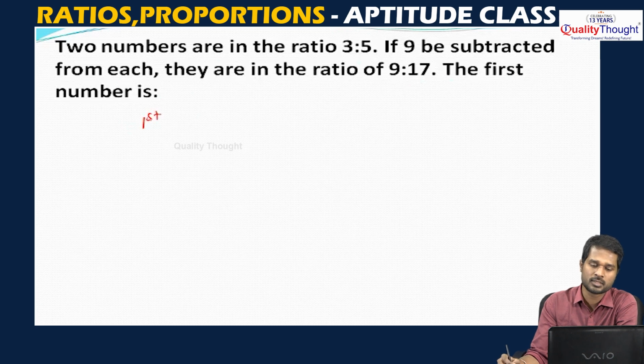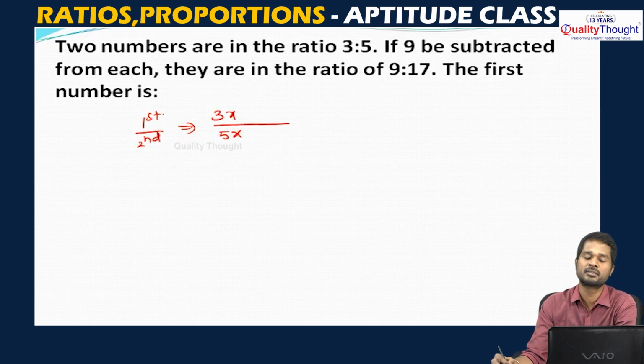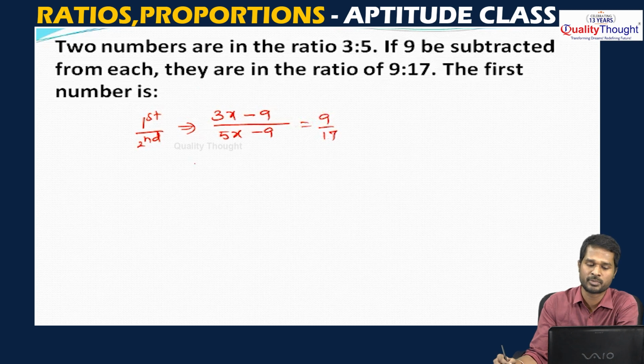See, original numbers, first number is to second number. Let us take the first number as 3x and the second number as 5x. We need to subtract 9 from both the numbers. So, the new ratio has become 9:17. Now, what is the first number? That's what he is asking.